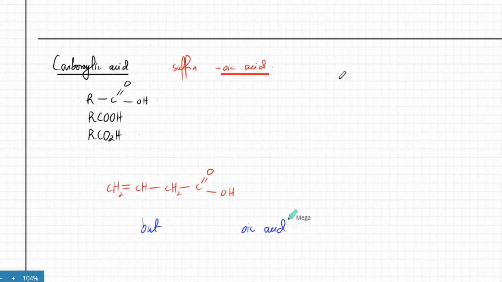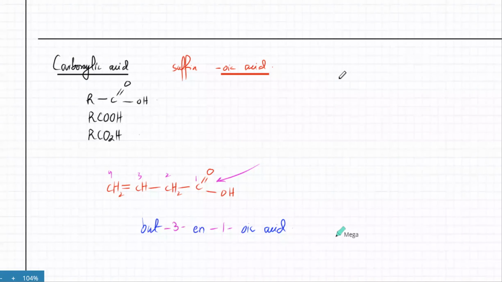Yes. And the middle part is AN or EN. En. So it's EN. And counting would be done from what side? The right side. So that's 1, 2, 3, and 4. So the carboxylic acid is at position number 1, and the EN is at position number 3. So that's the name of the molecule.